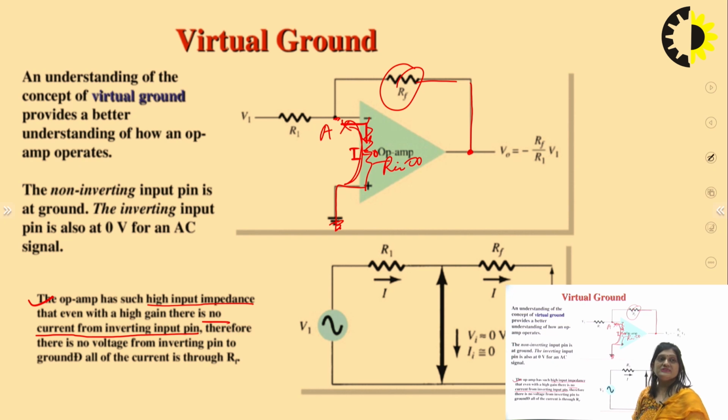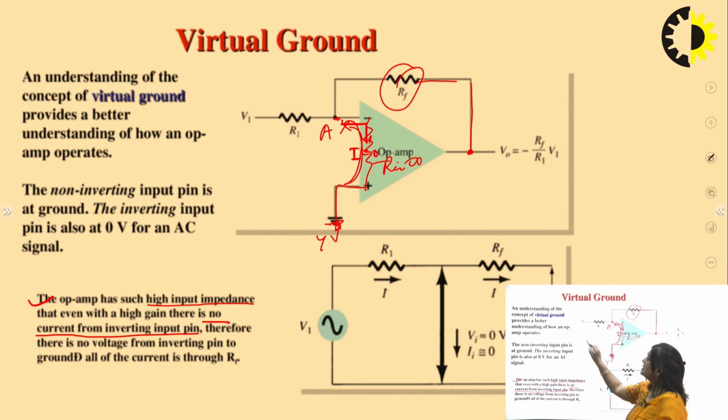If this voltage difference is 0, the potential here and the potential here will be the same. So if one is connected at 0, the potential here will also be 0. If by chance it is connected to 4 volts, the potential at A will be 4 volts due to the virtual ground concept.